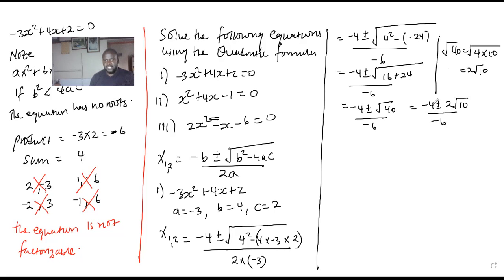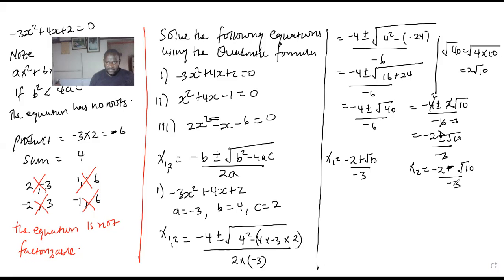Divide by negative 6. I can divide everything by 2, and I would realize negative 2 plus or minus root of 10 over negative 3. So x1 will become negative 2 plus root of 10 over negative 3. Then x2 will become negative 2 minus root of 10 over negative 3, which definitely becomes a plus.